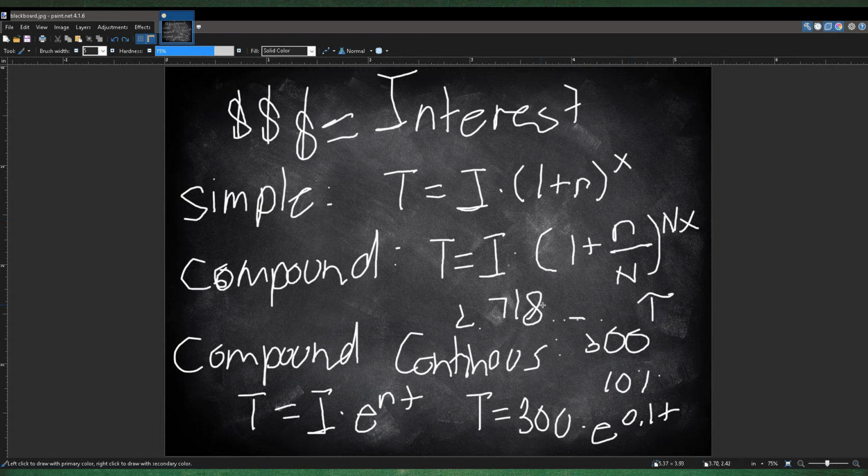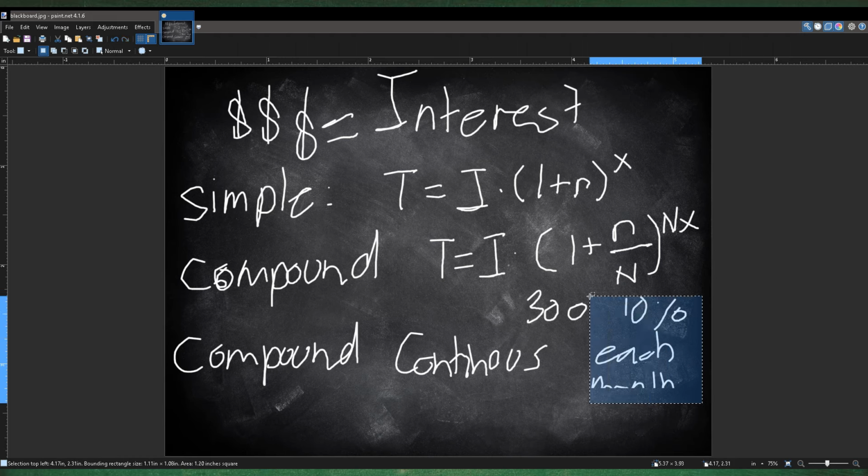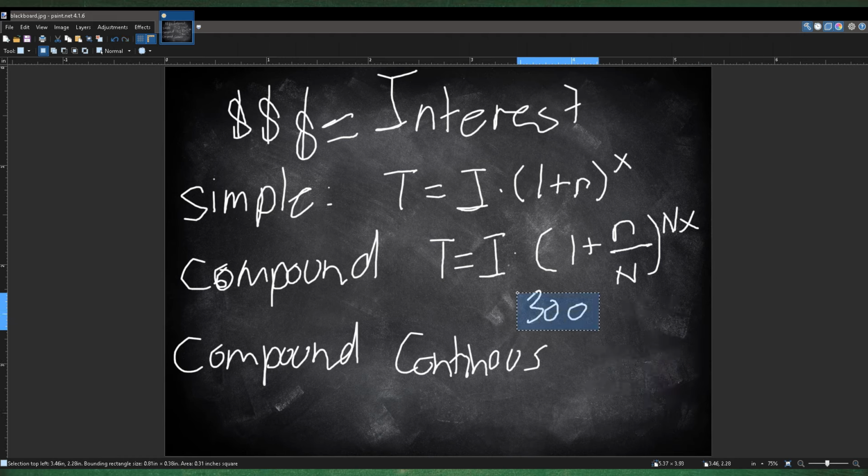It's used to model real life situations, like measuring a population, because population is continuous. It's never going to stop for a second. So compounding continuously helps us keep track of populations of the world. That's how we use e.